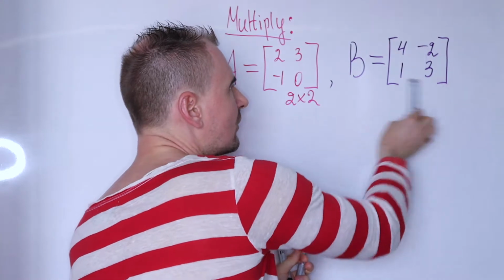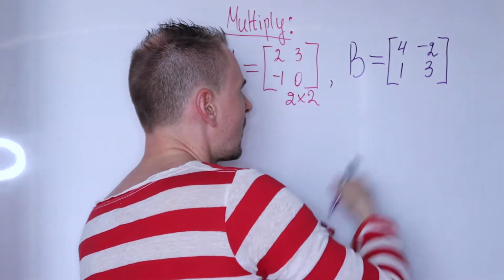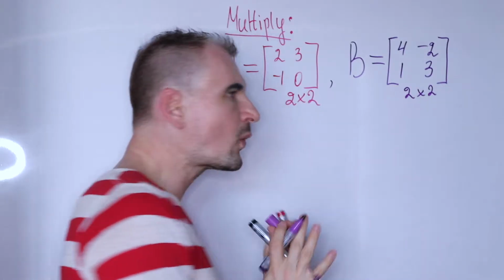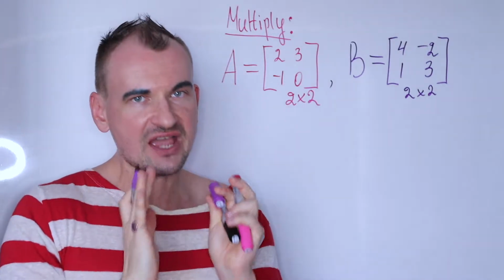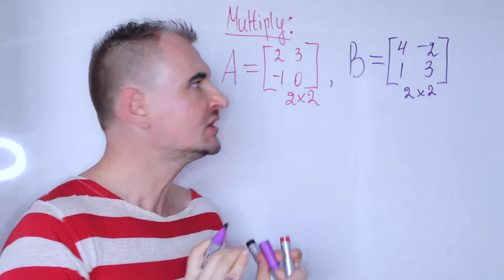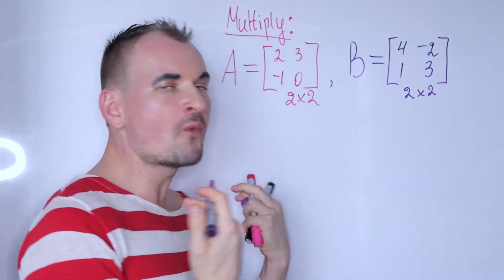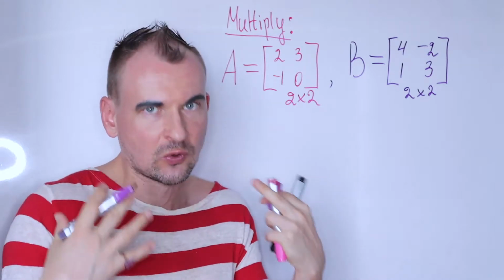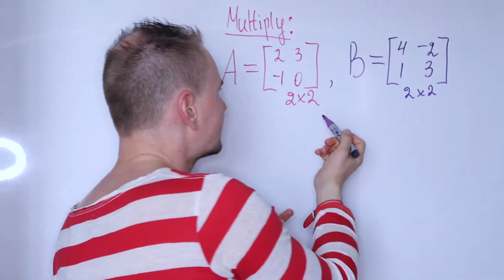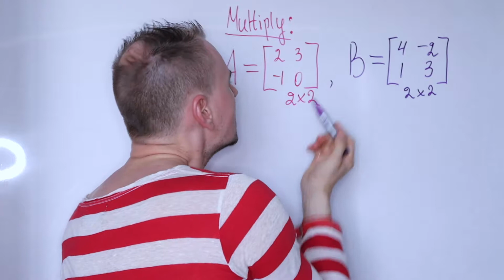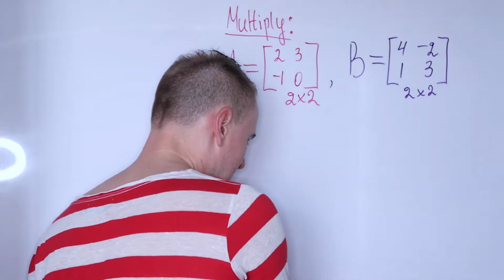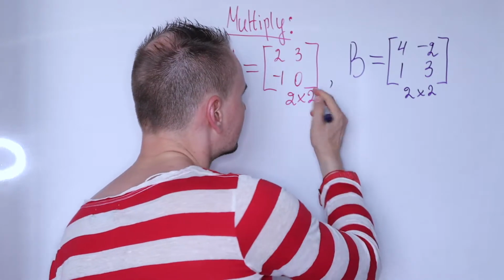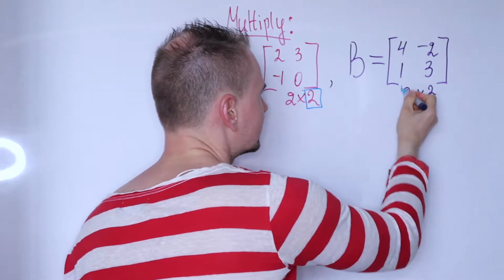So the product does exist and we're able to perform multiplication, and as I mentioned before, we can define the size of their product, their resulting matrix. Since these two inner numbers match, 2 equals 2.